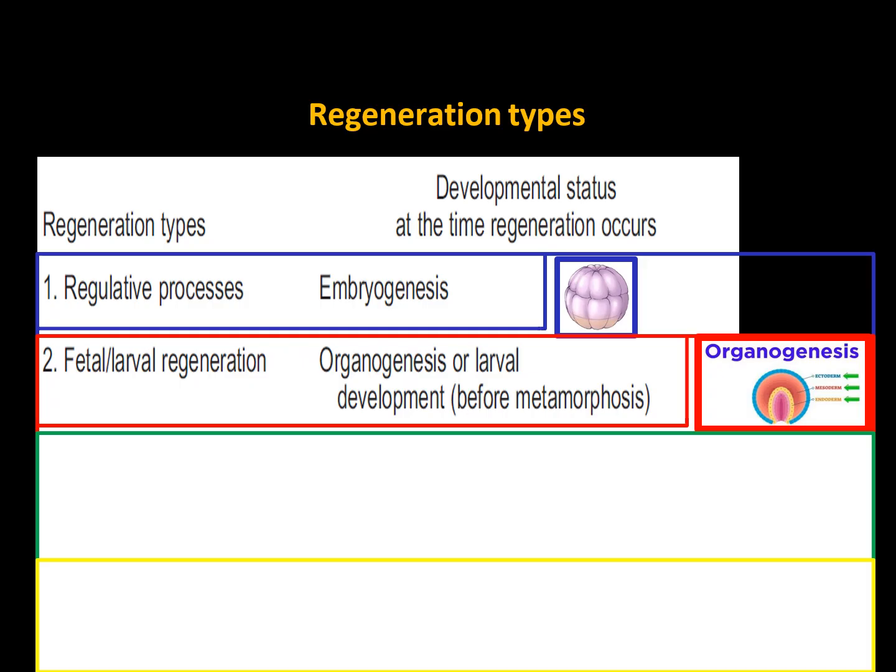For example, in flies, you can remove, through dissections, pieces of the pupa, the legs, and they are able to some degree to regenerate the entire leg, or they are able to just produce a fly that is a little bit smaller, depending on the damage. So okay, during embryogenesis it can be done.